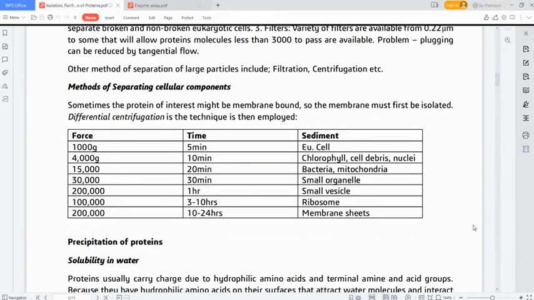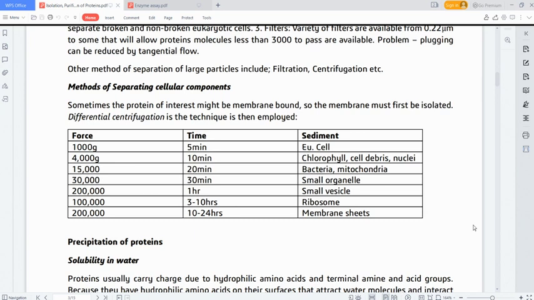Now, in fact, most of the thing that is commonly used is centrifuge. Once you filter, the next thing is centrifuge, provided you know the particular location of your proteins in the cell.